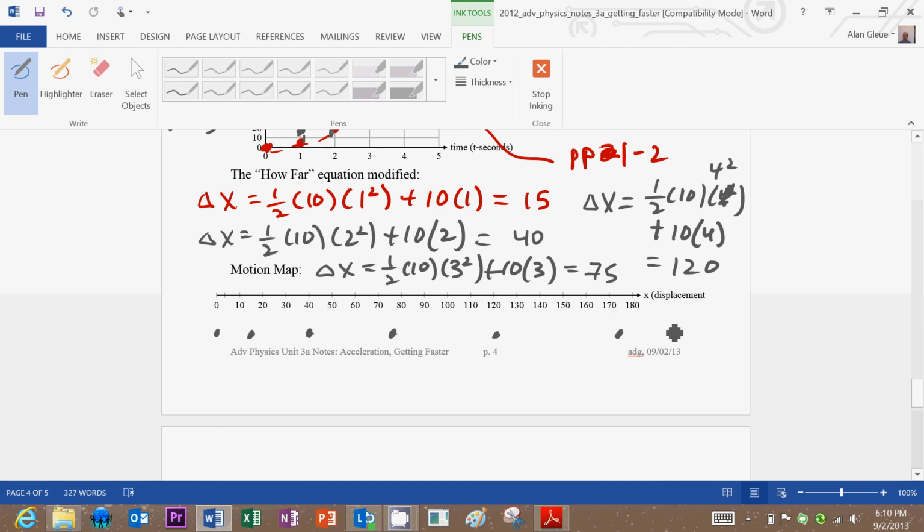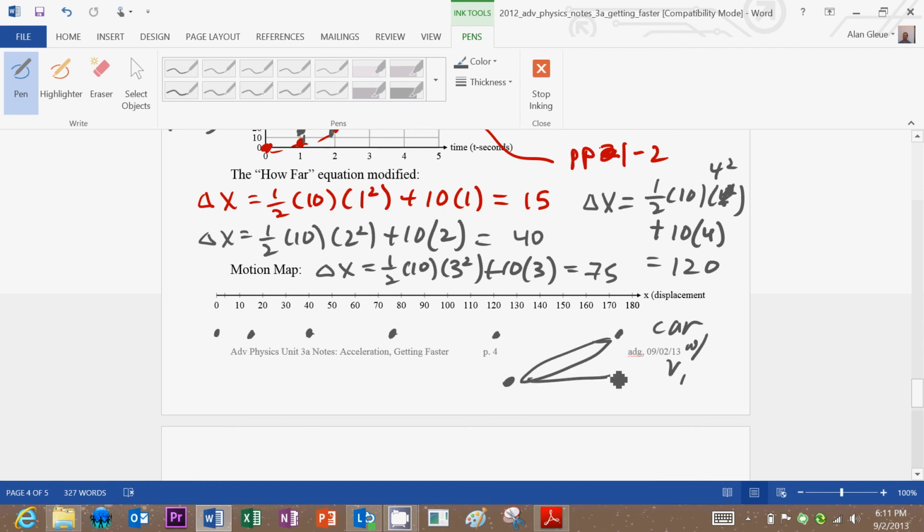This represents the car with an initial velocity, the car that blew through that light with an initial speed. The car that was just accelerating with a VI of 0 only got this far, 125. So there's your gap right there.